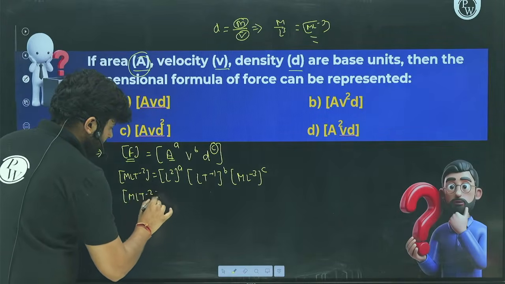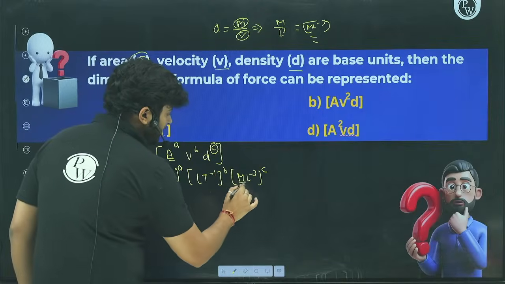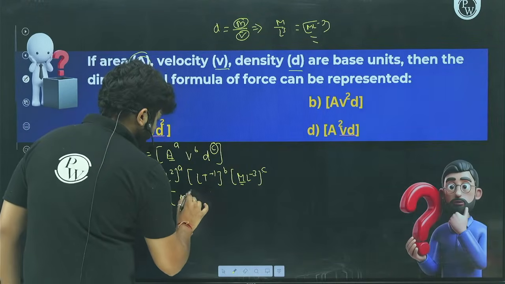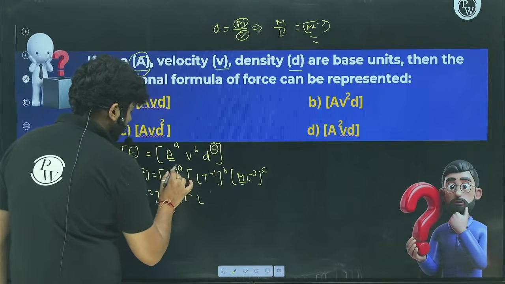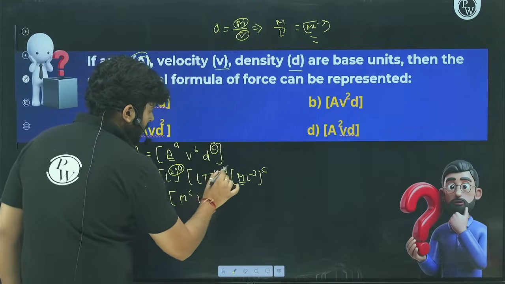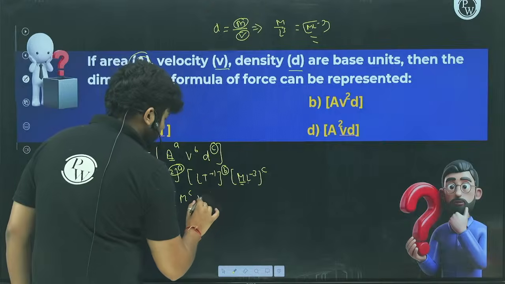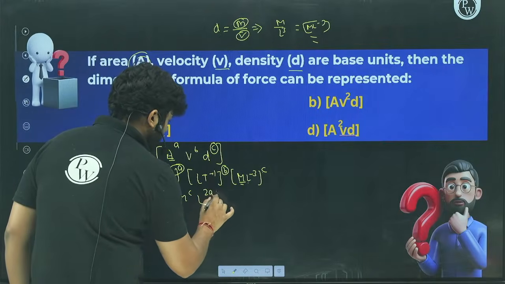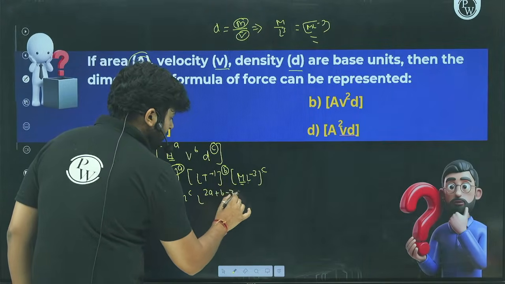MLT minus 2 equals, on the right side, M to the power C, L to the power 2A, L to the power B, and L to the power minus 3C. So L to the power 2A plus B minus 3C.